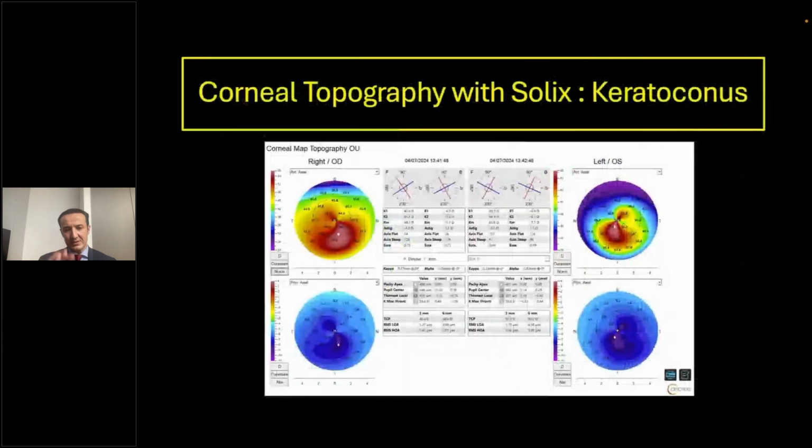And with the corneal topography Solix, you can make a comparison between the corneal topography mapping, epithelium mapping, total pachymetry, and stromal mapping in case of complicated cases. And look here, this is a case of keratoconus with a posterior axial topography.